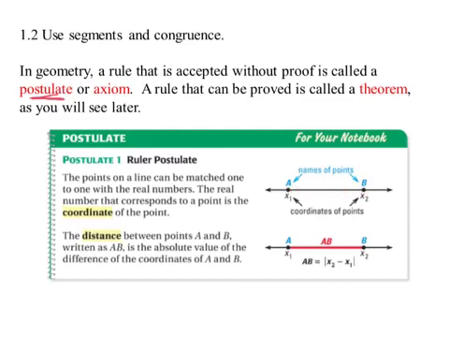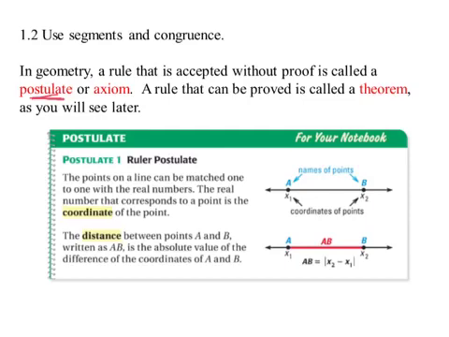The distance is always the absolute value of the difference of the coordinates. So if this is x1 and this is x2, that's the x coordinate, you would take x2 minus x1, absolute value of that, and that would be your distance of AB. Now we say absolute value because you can't have negative distances.